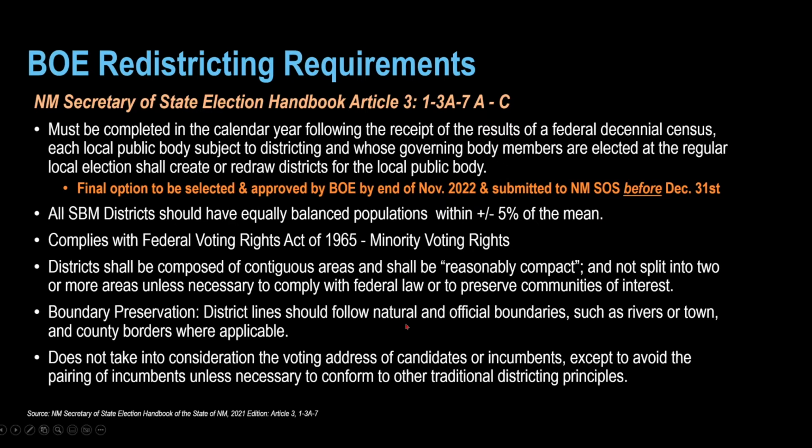The boundaries of each of the districts should follow natural or official boundaries, such as rivers or townships or county borders wherever applicable. And we also don't take into consideration any of the voting districts of candidates or incumbents except to avoid pairing existing incumbents as part of the process.